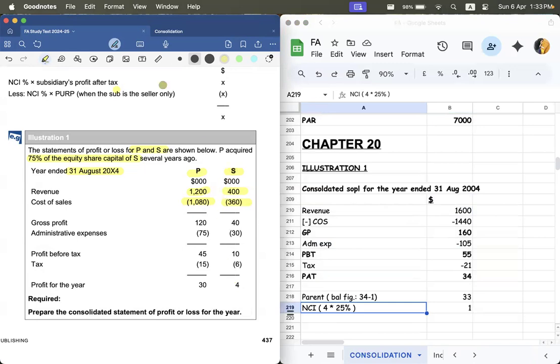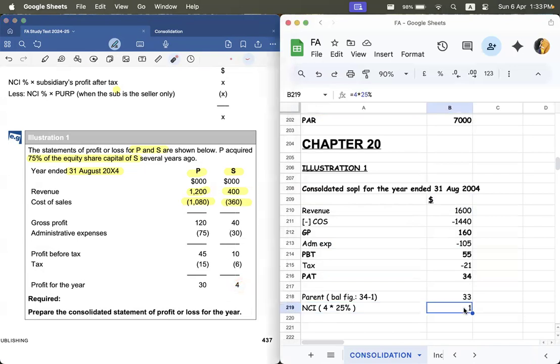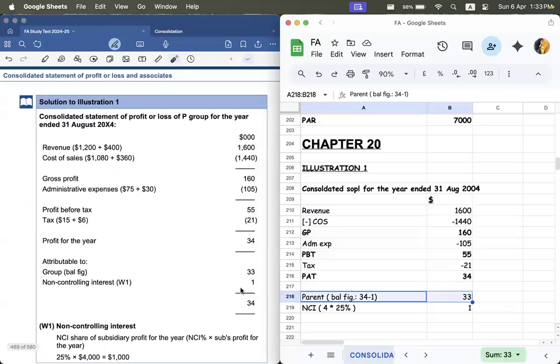You take the subsidiary part of the profit here, that is 4, into the NCI percentage, 25 percent, that is 1. And then you're going to take the balancing figure, that is from the profit of the whole company. You're going to deduct this 1 in order to find the parent profit. Simple. Understood?